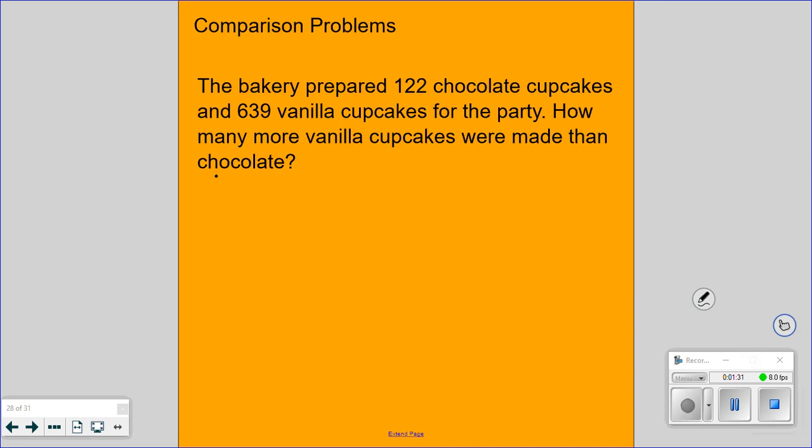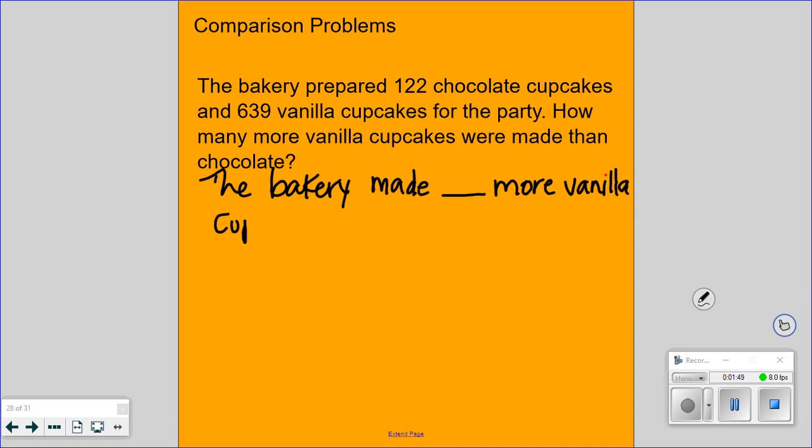We could say the bakery, if I'm writing, you're writing, made, I could write prepared, that would be fine. Blank more vanilla cupcakes than chocolate. I'm going to shorten chocolate. If you want to write the whole word, go for it.